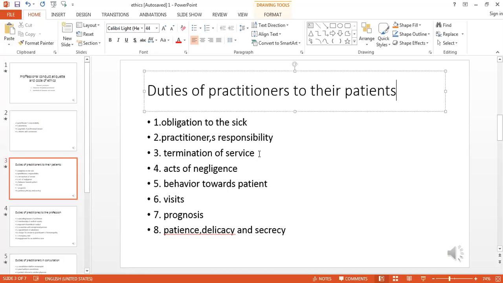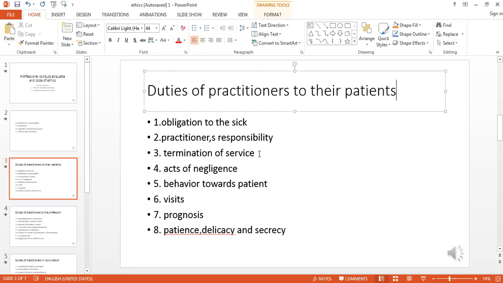For example, first, where the physician finds another practitioner in attendance, someone else is treating the patient, then at that time you can withdraw. Second, where remedies other than those prescribed by him are being used. For example, I gave the patient medicine, but he is not taking it, he is taking Ayurvedic medicine. At that time there is no need to give service to that patient. Third, where his remedies and instructions are refused.